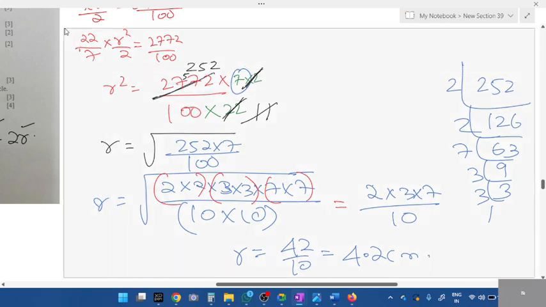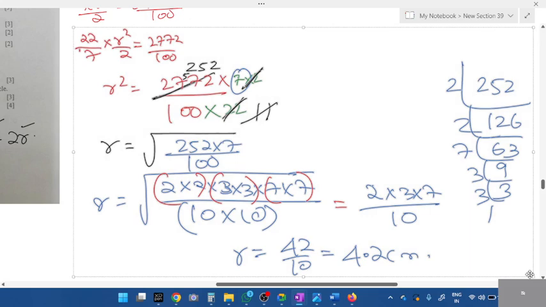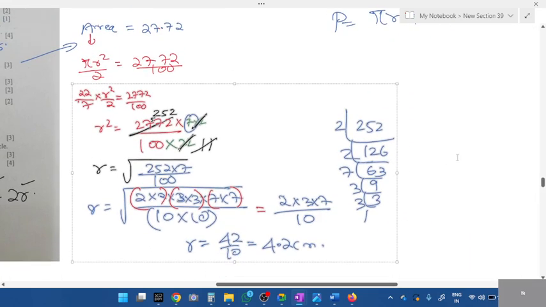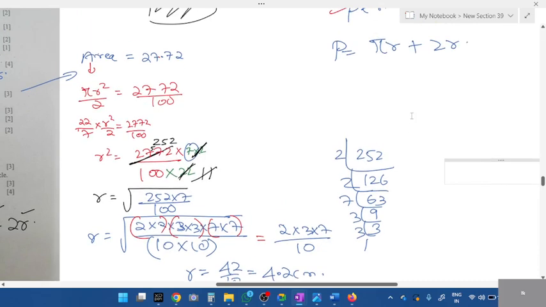Make a note. Once we found radius, we'll find perimeter. Look here. Now perimeter. What is common to them, students? Use factorization. What is common? R is common. In bracket, what do you get if you take R common? Pi plus 2. So if you take out common, it is easy to solve.